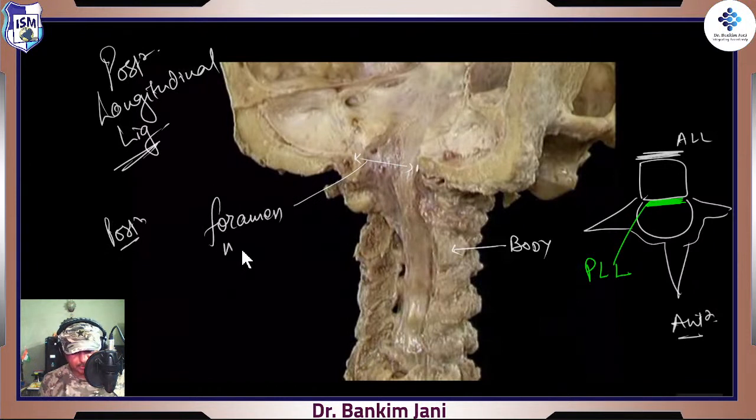And any structure which is in front of the foramen magnum, now you know it so well, you will call it the basi-occiput.